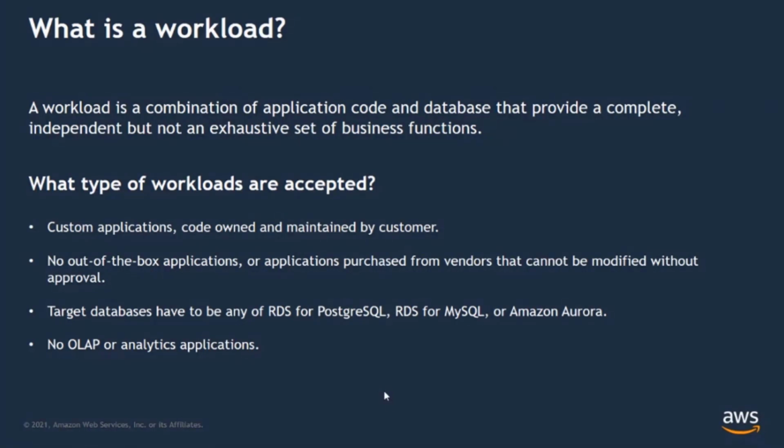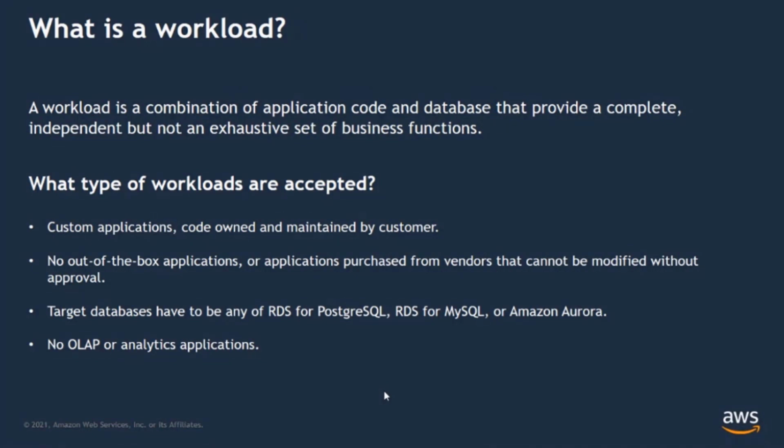Yeah, it makes sense. Just to reiterate what Mac was saying there, we tend to focus in on custom or in-house built applications. If you bring to us your packaged app that the vendor has certified only to run against, say, Oracle database, we can't swap that database engine out.